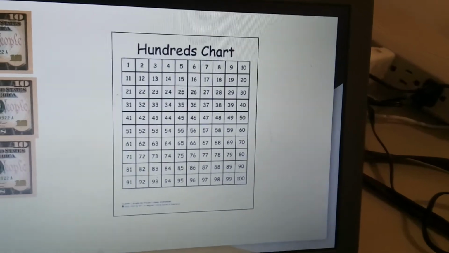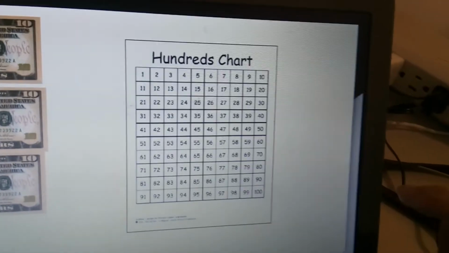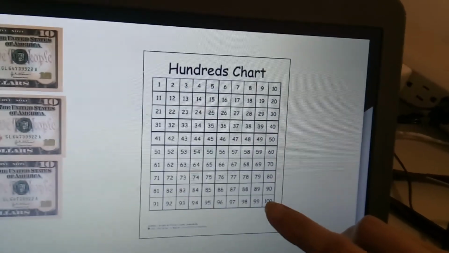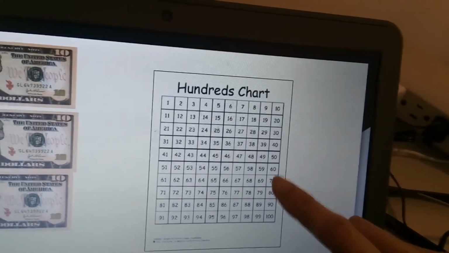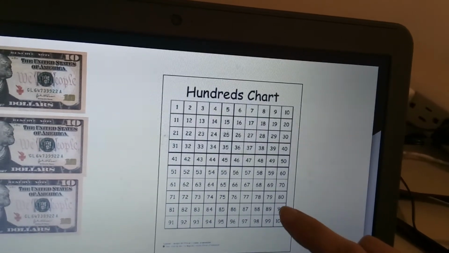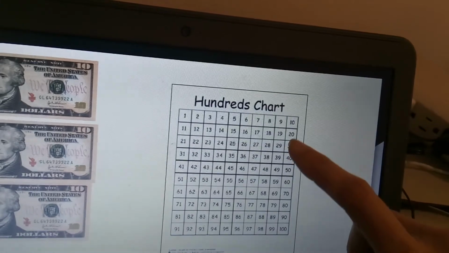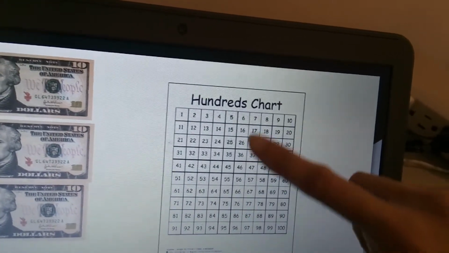Additionally, being able to subtract by 10 helps you better understand how our hundreds chart is organized, such as everything is going down by 10 as we start from the bottom and go up on our hundreds chart. For example, look, 100, 90, 80, 70, 60, 50, 40, 30, 20, 10. And the same pattern you can see throughout the chart.